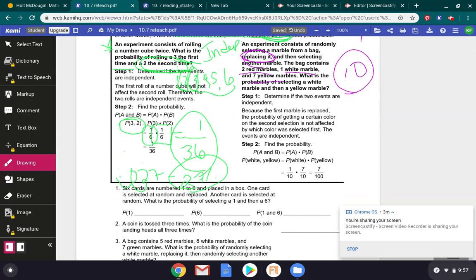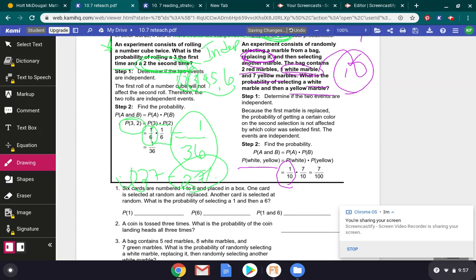All right, so here's the question. Here's the probability that we have to figure out. What is the probability of selecting a white and then a yellow? So we know it's independent. I'm going to multiply the two probabilities together. All right, so selecting a white first. Well, in our bag, we have 1 white marble out of the total 10. So notice down here, the probability of selecting a white would be 1 out of 10.